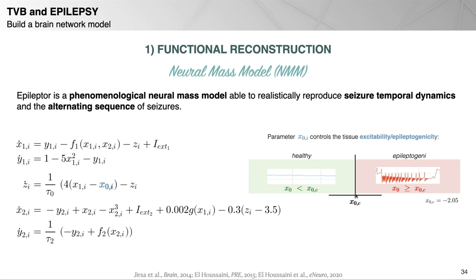So for a node below a specific threshold, the Epileptor does not trigger seizures. It is said to be not epileptogenic, it is in its healthy state. But when it crosses the threshold, the Epileptor can trigger seizures, and it's said to be epileptogenic.